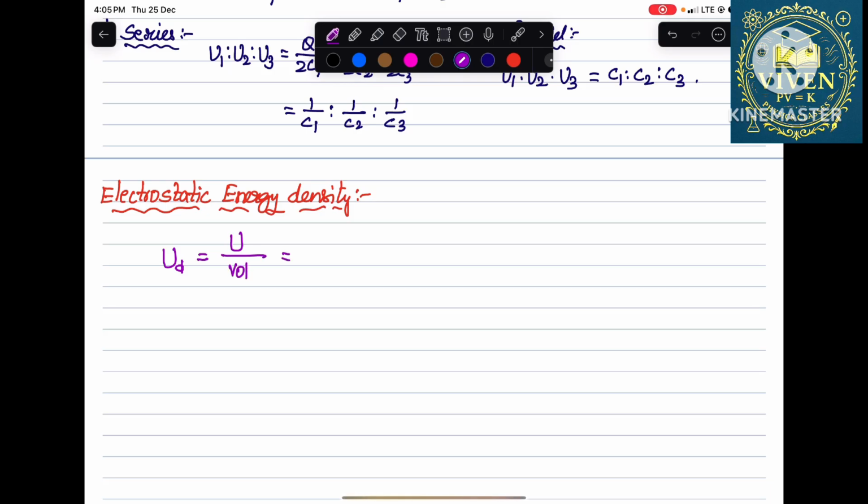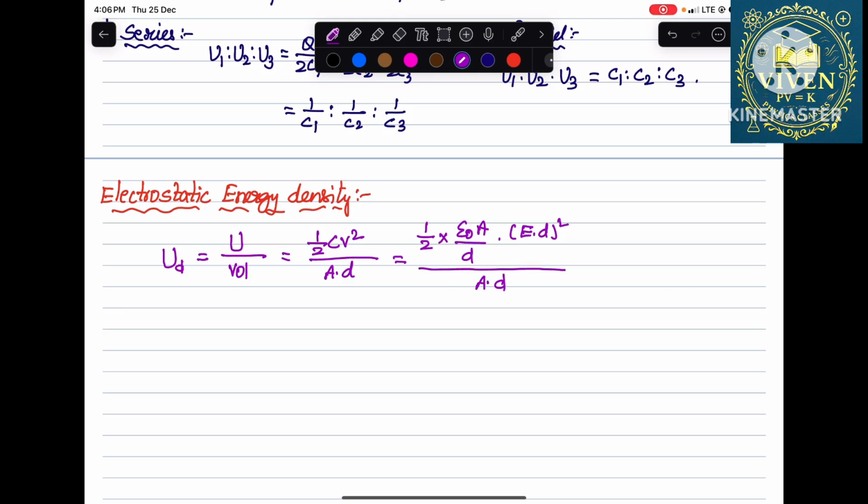That's it. So that is equal to half C V square by volume, and volume can be written as area into width. Now these can all be rearranged: half into capacitance, which is epsilon naught A by d, into V square, which can be written as electric field into width, whole d square, and by A into d.